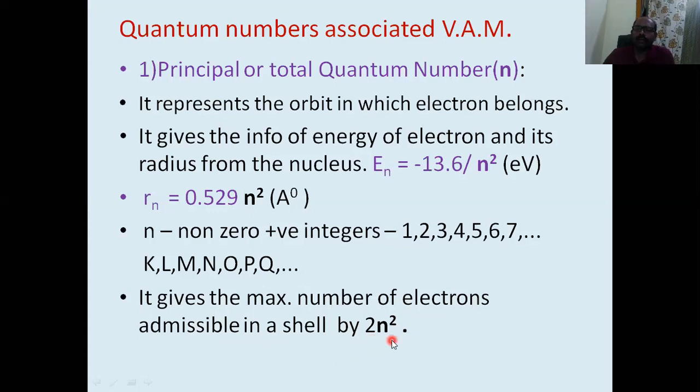After that it starts with 2s, so 2 is the second orbit. In the first orbit there are only 2 electrons. In the second orbit, if n is equal to 2 in this equation, 2 square is 4, into 2 is 8.